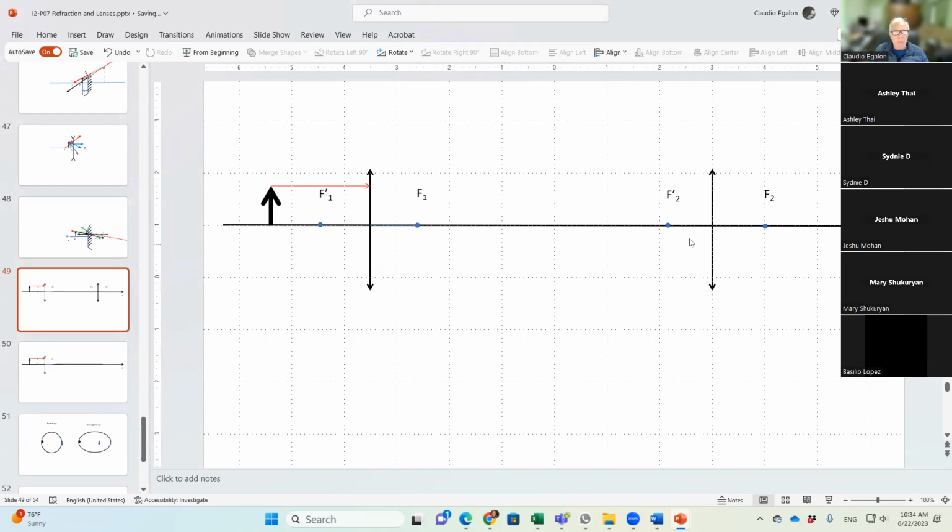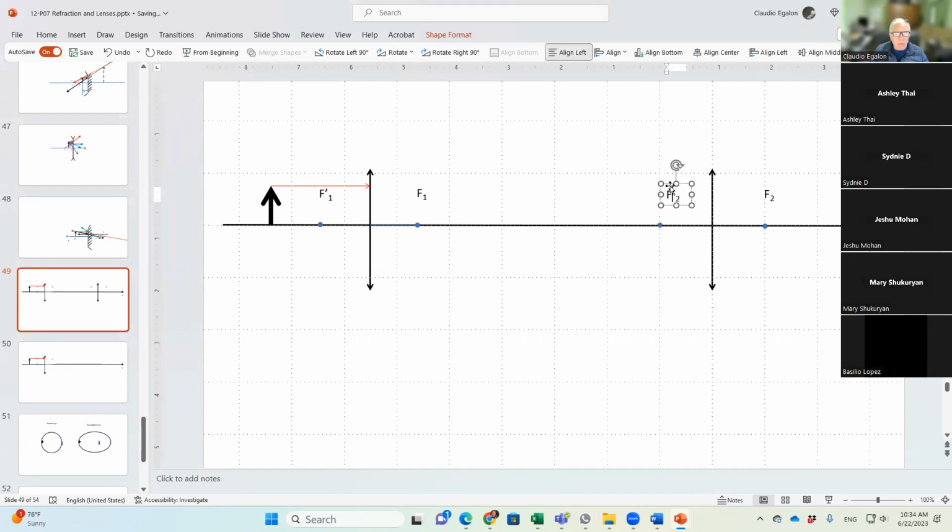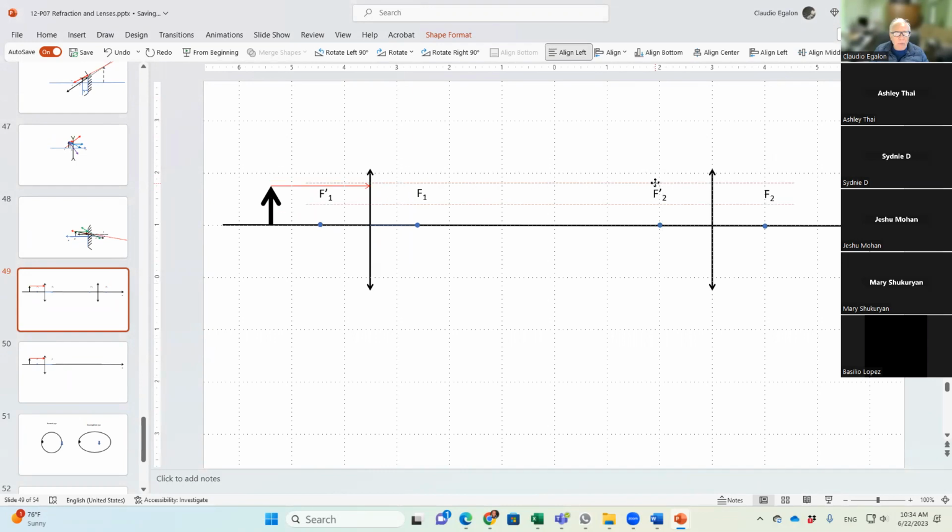It can be different focal distances. In general, it's going to be different focal distances. This is just for you to have an idea how we do those upside down goggles, right? I'm going to erase this one here.